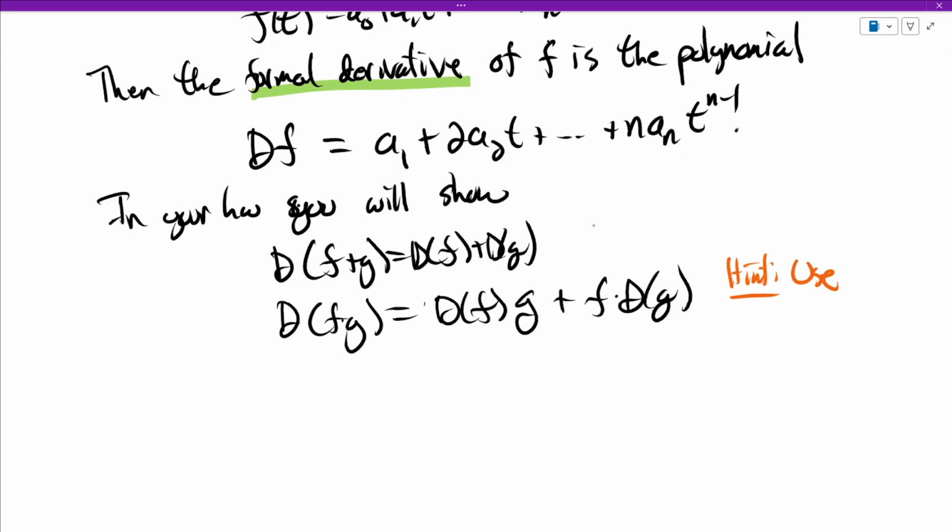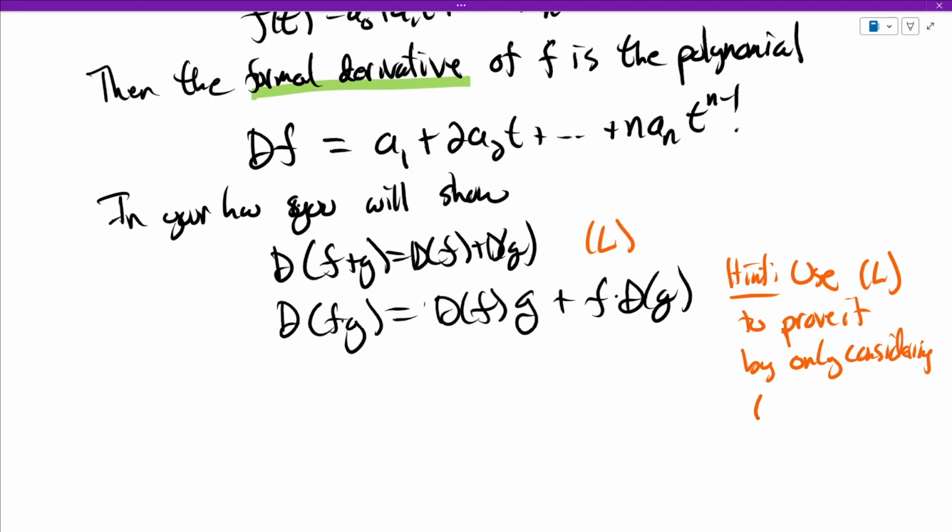Let's call this L for linearity. Use L to prove it by only considering monomials a_i t to the i.